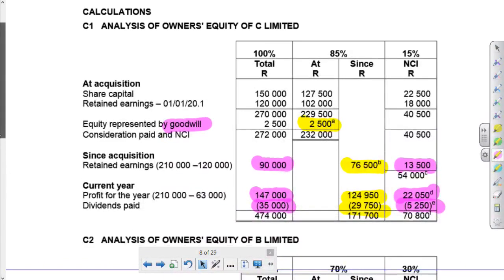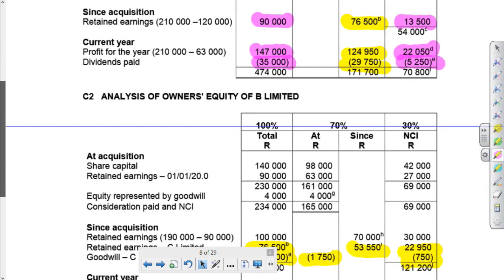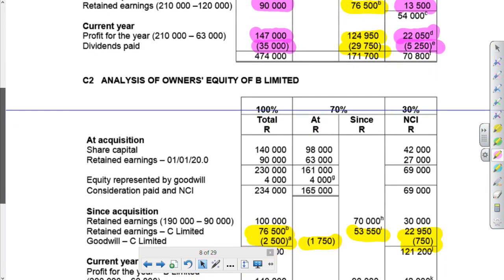5,250. If I carry on down the analysis then, what we'll see is those numbers flowing through here so we can see the extra piece. So we see that the retained earnings is coming through here and that we're giving NCI their share of that retained earnings. Do you see? Also, the since acquisition retained earnings is coming through here and we're giving this NCI their 30% share.